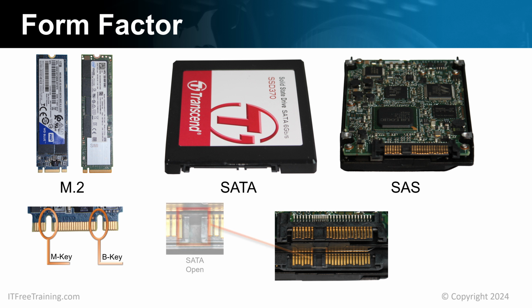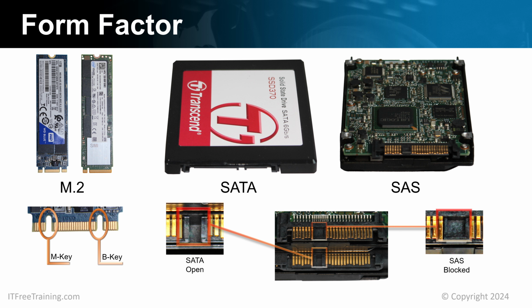It is hard to see, but there is a gap between the power and data on the SATA connection. By contrast, the SAS connection is blocked. This prevents a SATA cable being plugged into a SAS drive. However, since SAS is compatible with SATA, a SAS cable can be plugged into a SATA drive.